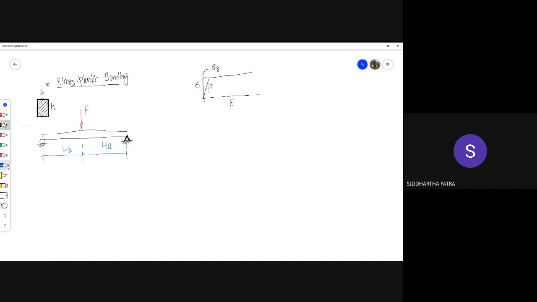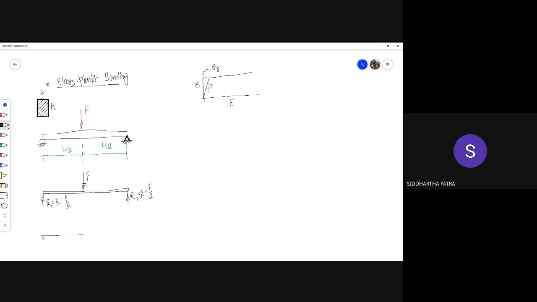Okay, so for that we need, first of all, there would be two reaction forces, R1 and R2, and if the force is exactly in the middle, there is no way these two reaction forces are different. Now shear force diagram would depend on from which side you are drawing it.